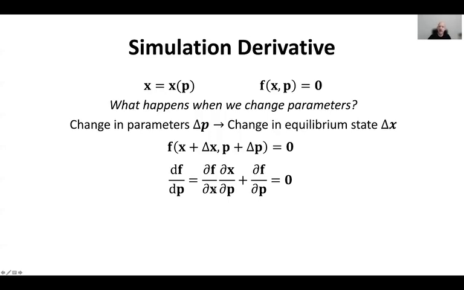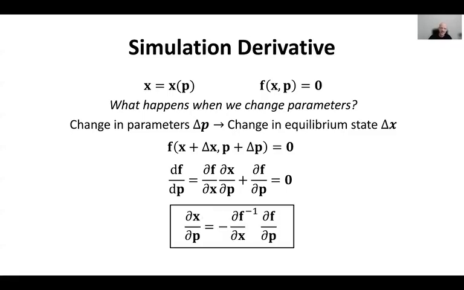That's just minus the Hessian of the elastic energy, the force Jacobian, times the partial derivative of equilibrium position with respect to the parameters. And then also we have a third term, that's the partial derivative of the forces with respect to the parameters. So all of this has to remain 0 when we change parameters, no matter how we change them, in which direction we're going in parameter space.